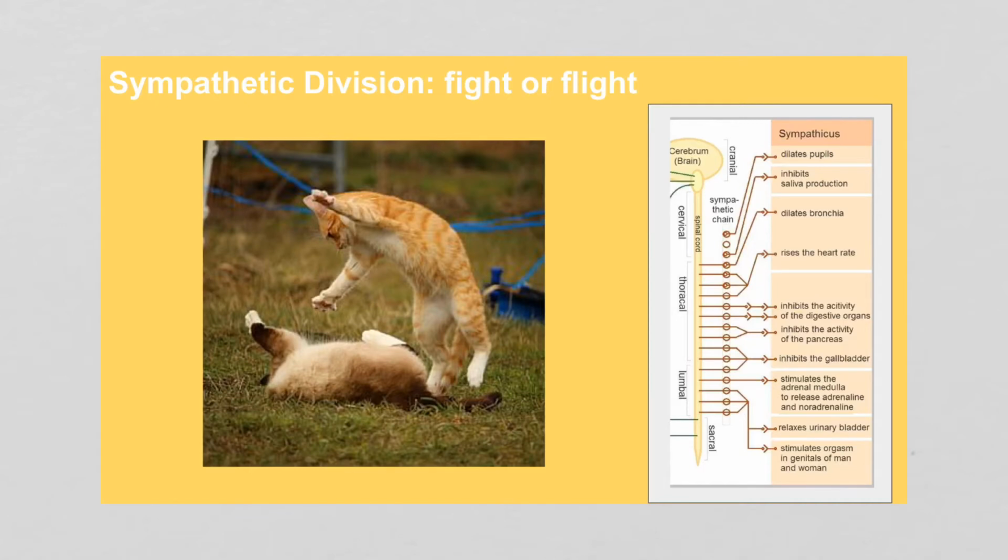It also increases the heart rate, which also gets more blood to the tissues, and increases the release of glucose from the liver, providing more energy for our muscles. In addition to these effects, it also causes a dry mouth, cold skin, dilated pupils, and dilated bronchioles of the lungs. The dilated pupils allow us to see better, and the dilated bronchioles allow us to breathe better.